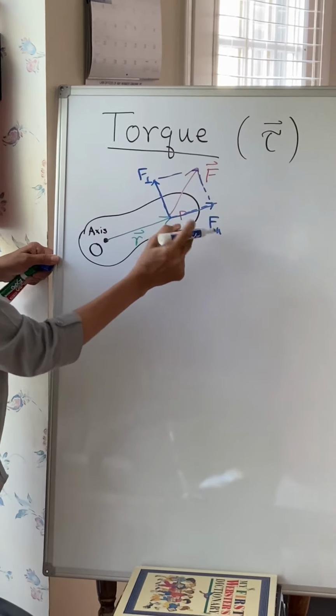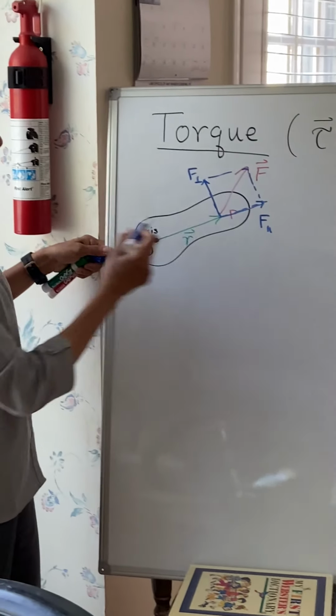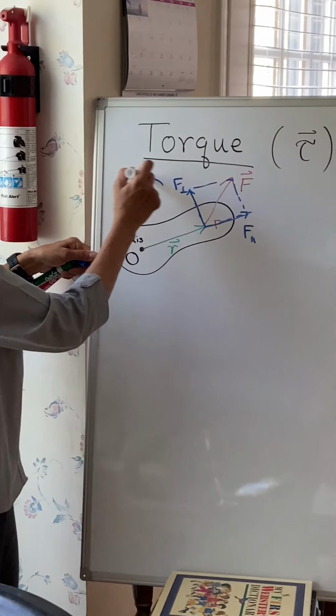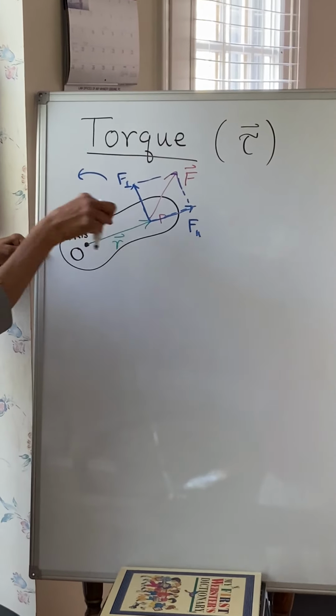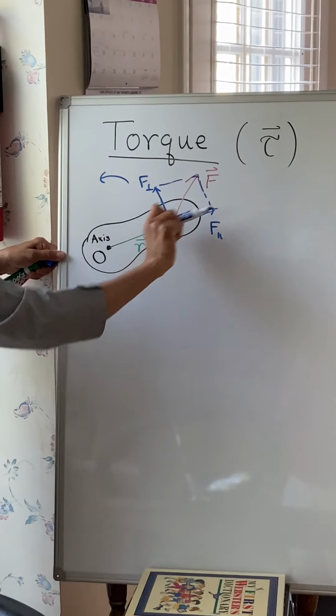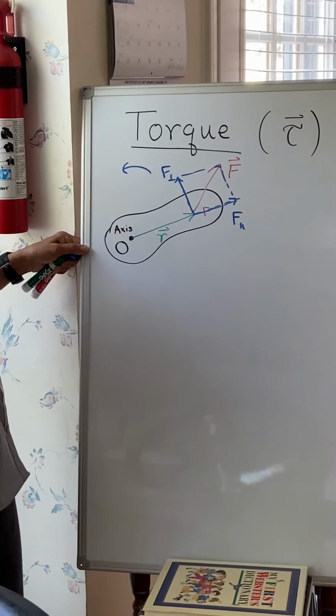If I ask you which of these two forces really makes the object rotate, I'm sure you'll pick the F perpendicular. That's what's going to make this rotate. Imagine that the axis is fixed here, and that force is what's going to make it rotate, whereas the parallel force doesn't really do anything as far as the rotation is concerned, right?